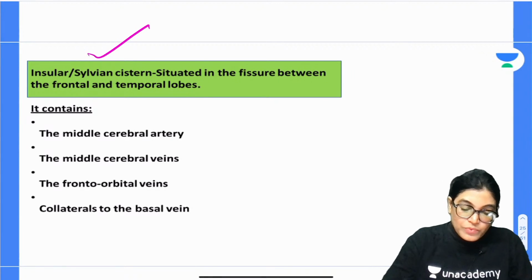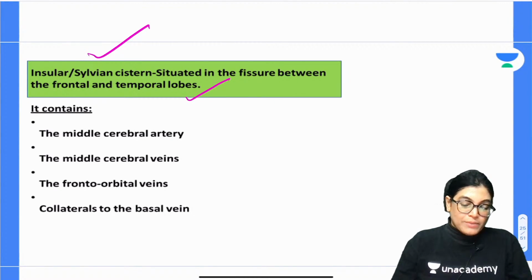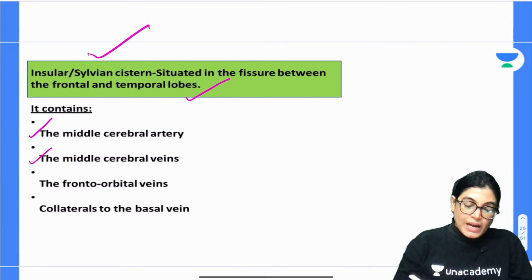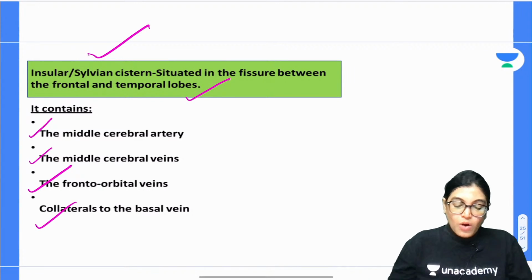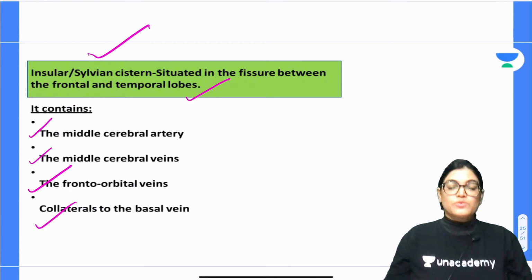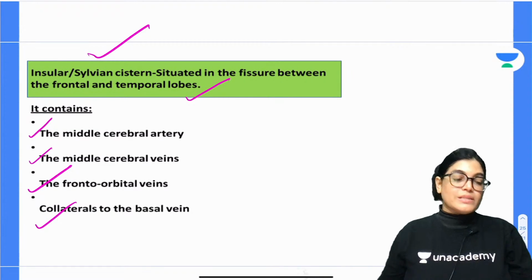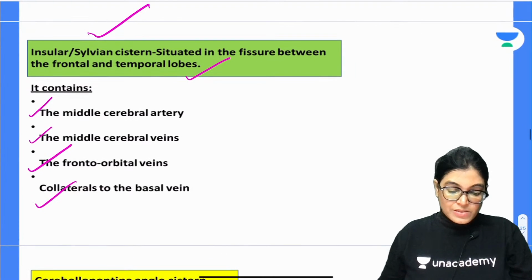This is exactly between the frontal and the temporal lobe of the cerebral hemisphere. Here is the origin of the middle cerebral artery and veins. So, it will contain the middle cerebral artery, the middle cerebral vein, and the fronto-orbital vein or collaterals to the basal vein. These are the important structures located in the lateral insular or sylvian cistern.